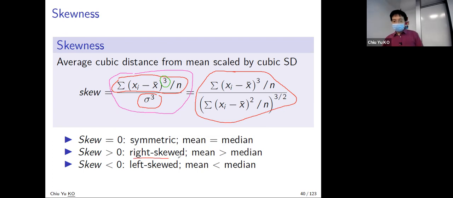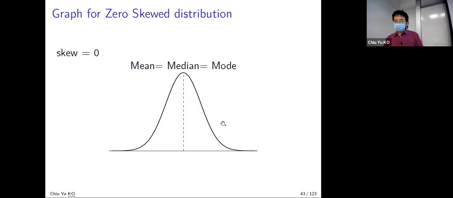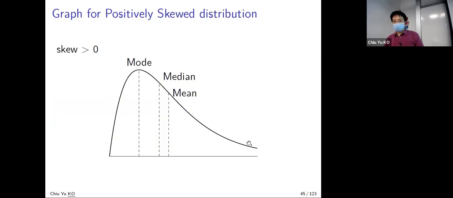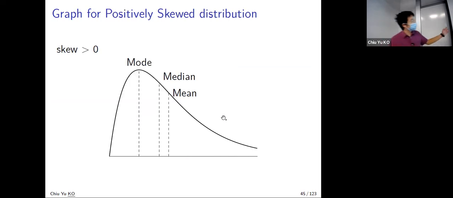As for right skew or left skew, let me show you the picture first. So this is symmetric, this is the right skew, and this is the left skew. The right skew is more like income data: most people are here, and very rich people are out here.